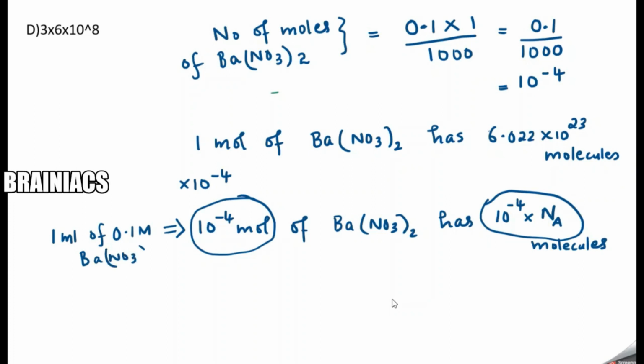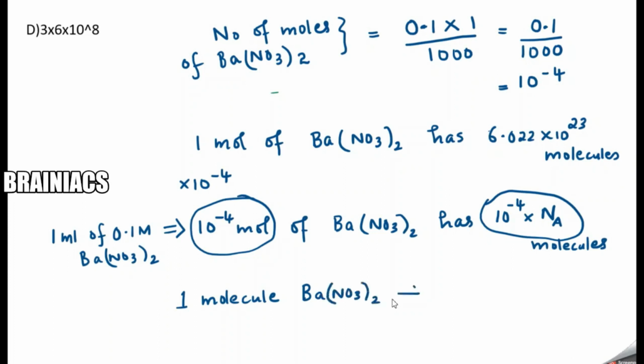So 1 ml of 0.1 molar barium nitrate solution is equivalent to 10 power minus 4 mole, which has 10 power minus 4 into Na molecules. Now the question asked is the total number of ions. So first I will calculate how many ions are there in one molecule. So I will speak about one molecule of barium nitrate.